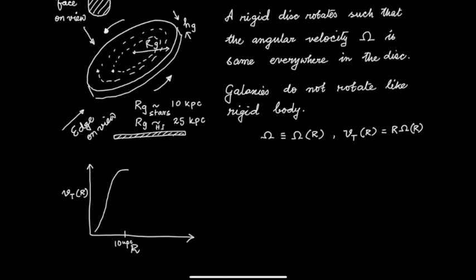But then when you come here, remember that the gas extends beyond the stellar disk. So what I have plotted here is the stellar disk, and the gas disk will be somewhere here. And if I look at the gas here, that's also rotating, and by the method we discussed earlier, we can find out the tangential rotation velocity.